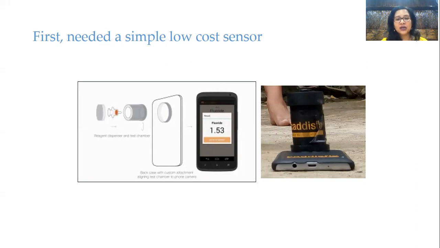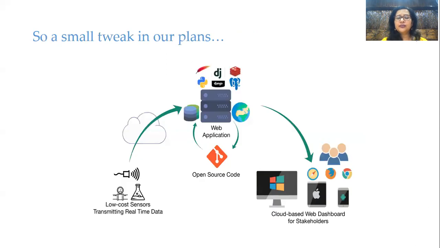Once the sensors were calibrated, citizens were trained, and the data was used in a web application built with open source code. We used this data to upgrade our lake dashboard, and then the data was available for stakeholders and citizens to take actions.